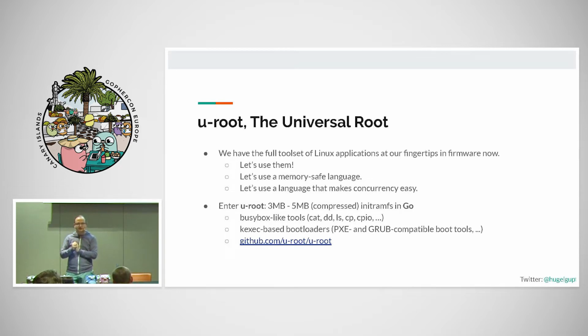And that's usually about as much space as we have on UEFI platforms where we put Linux in. So this contains a suite of 30 plus tools that are your usual Linux stuff, like cat, dd, ls, cp, all that stuff. They're usually basic re-implementations. We're not trying to go for full feature compatibility. They're just supposed to be what you need for debugging and small environments like this.